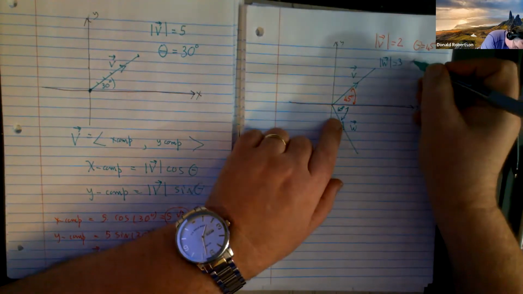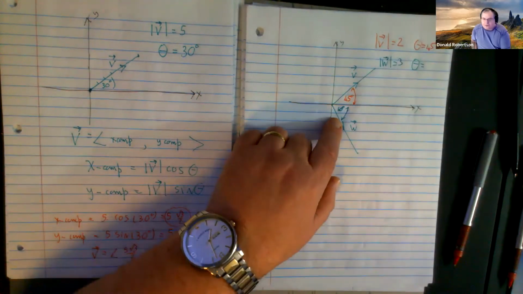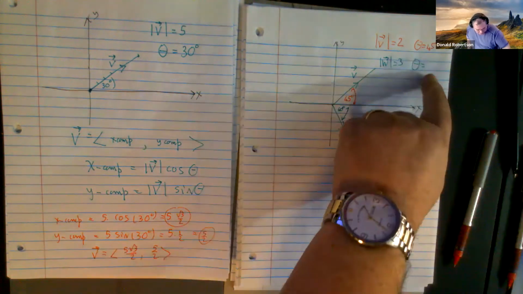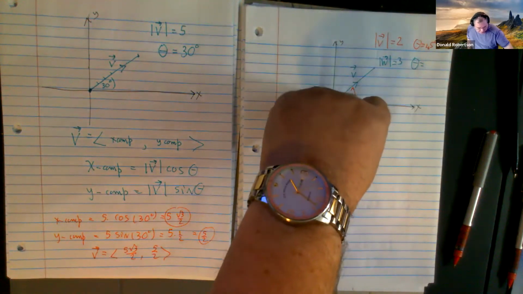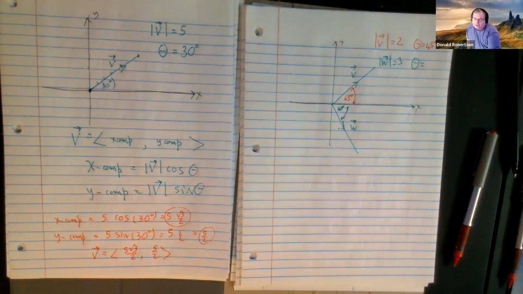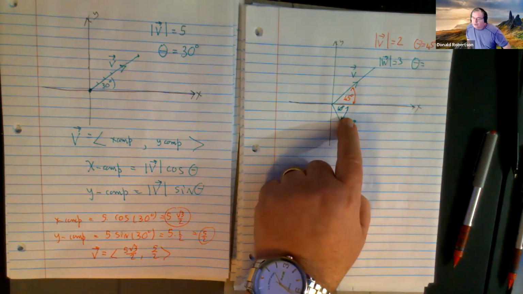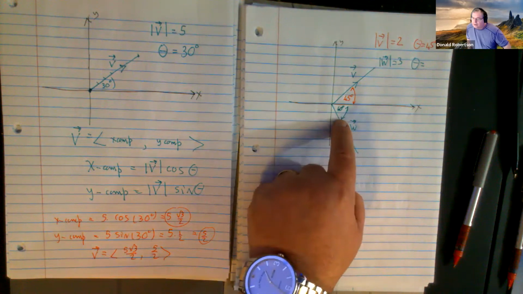And the angle is not 60 degrees. What angle do we use to represent the vector W? It's not 60 degrees because we don't measure angles going this way, do we?